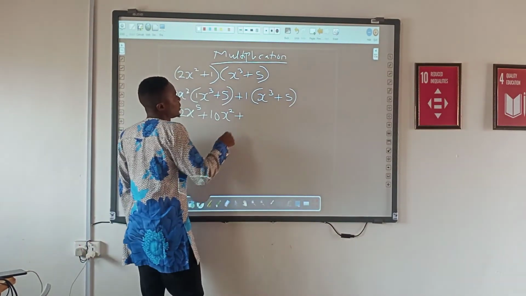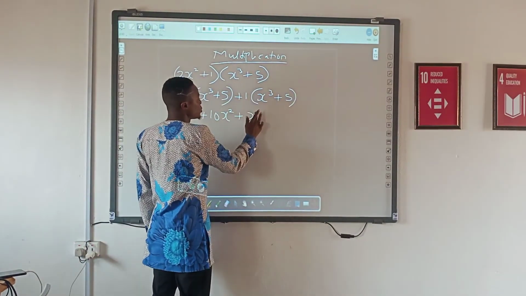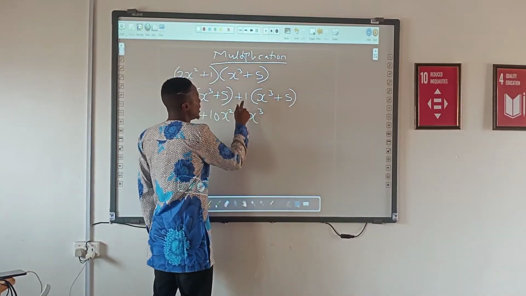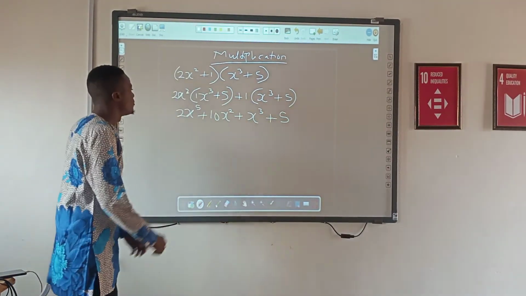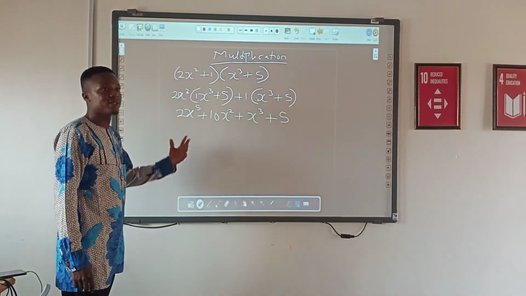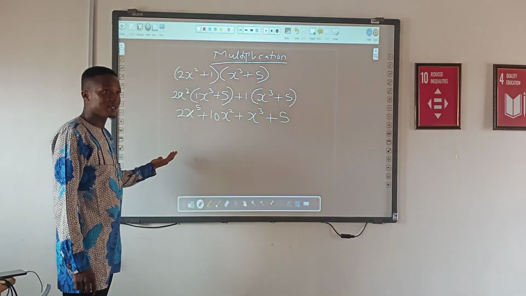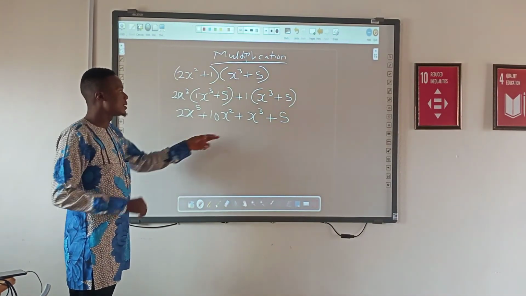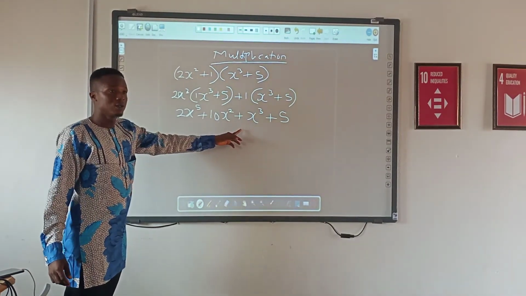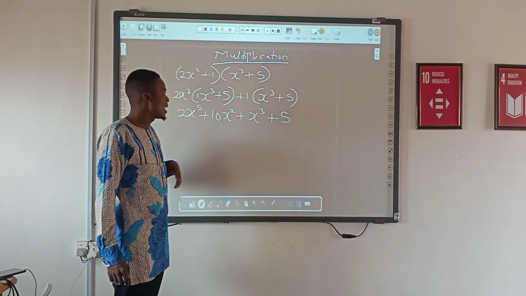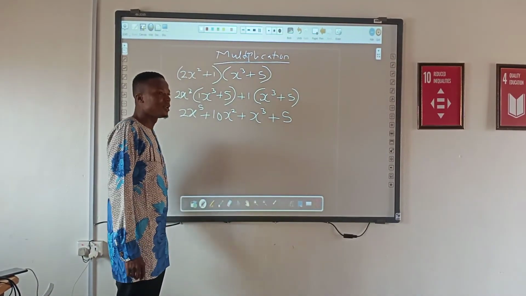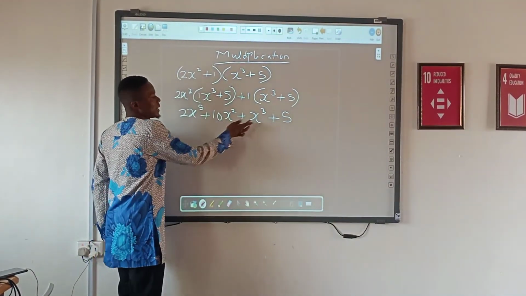Multiplication. That is why when I say 1 times x cubed, I will still get what? x cubed. And 1 times 5 will still give me what? 5, right? Fortunately or unfortunately, none of the powers are the same, right? You can just arrange properly. Let this one come first before the what? You know why this is coming first? It is higher than this one. But some persons will say this 10 is bigger than this.